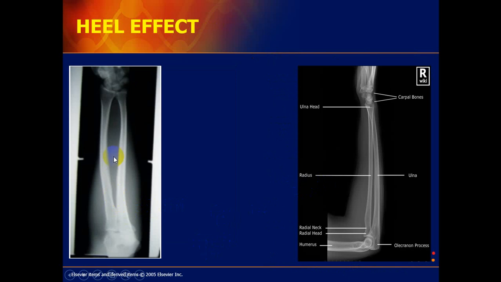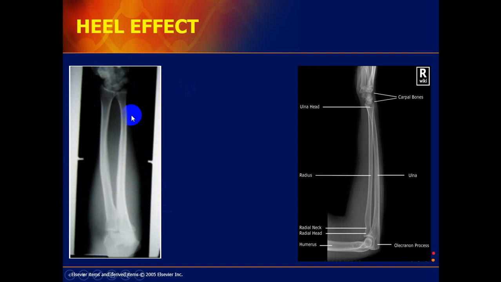Kasi if we are going to compare the wrist from the forearm, ang nangyayari dito, kasi mas makapal ang forearm, dapat dito naka-focus ang cathode. At syempre, manipis dito sa wrist, dapat dito naka-focus ang anode. Dapat baliktad. So, ito ang nagiging effect ng cathode or heel effect.